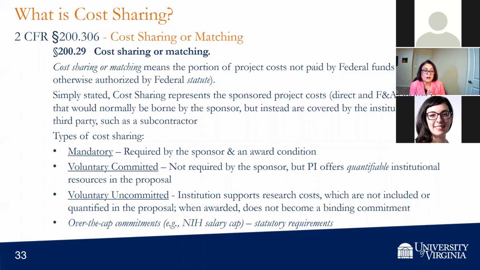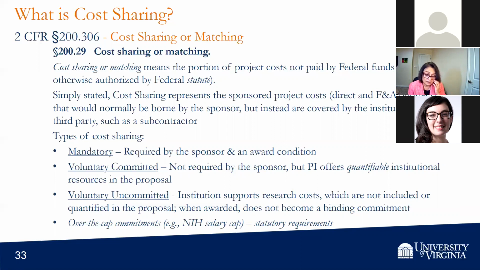Now, there are different types of cost sharing. The first type is mandatory. It is required by the sponsor. The second type is voluntary committed. It is not required by the sponsor, but our PIs or the institution offer to share part of the cost.